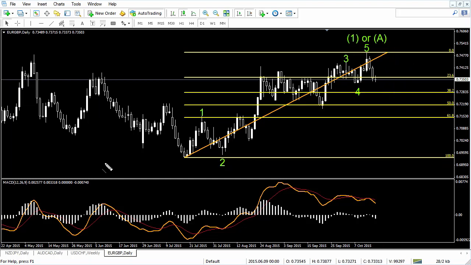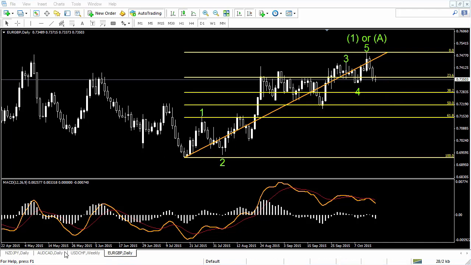The best option we have over here would be to use the 38.2 and the 50% as our next support area. So 72.83 to 72.90 would be the next support zone that I want to see in the euro-pound.